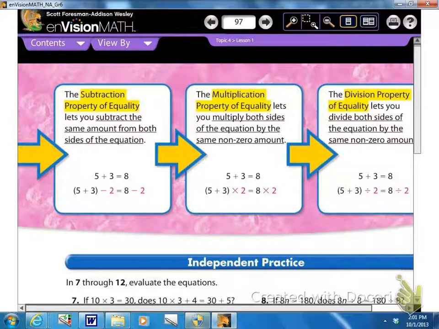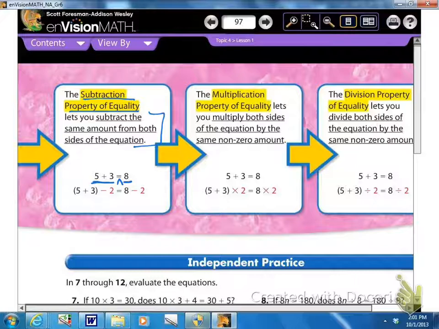We also have the subtraction property of equality, which says pretty much the same thing. You can subtract the same amount from both sides of an equation. So looking at the same equation here, we have 5 plus 3, our pan balance equal sign, 8. And we know the left side equals the right side.